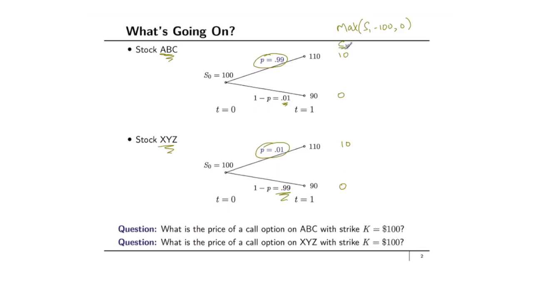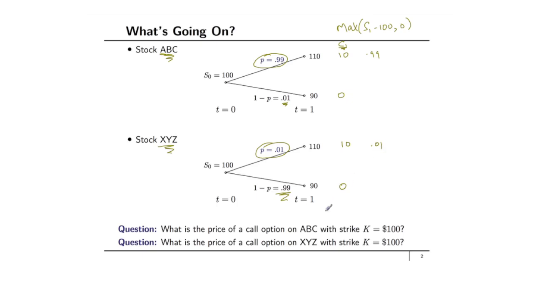So this is the payoff of the call option, C1. Probability of a payoff here is 0.99, and down here it's 0.01. So it stands to reason that the value of a call option on this security with a payoff of 10 with probability 0.99 should be worth a lot more than a payoff of 10 with probability 0.01.